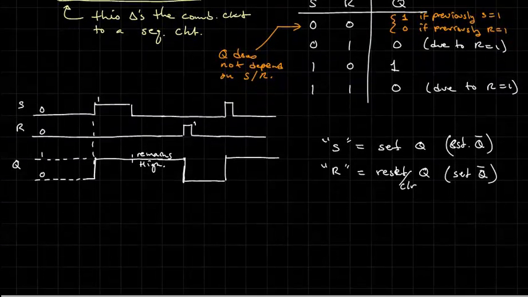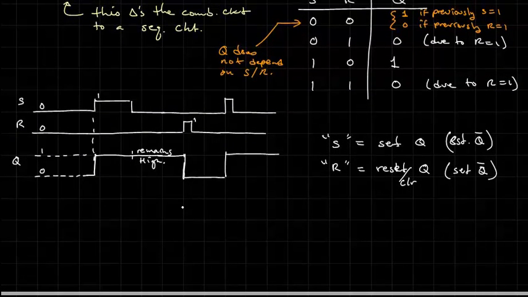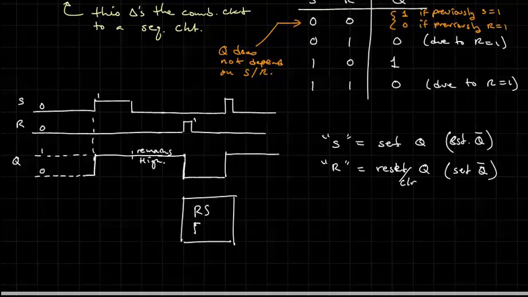Okay, so this is called an RS flip-flop. Okay, and it has an R input and an S input, and it has an output Q and typically an output Q bar.